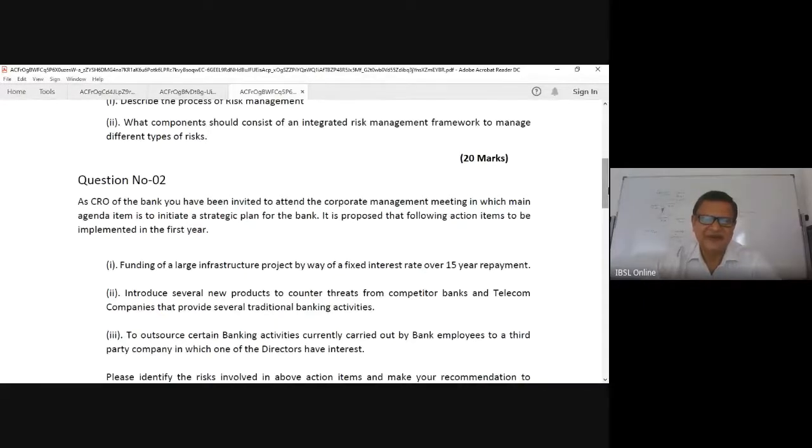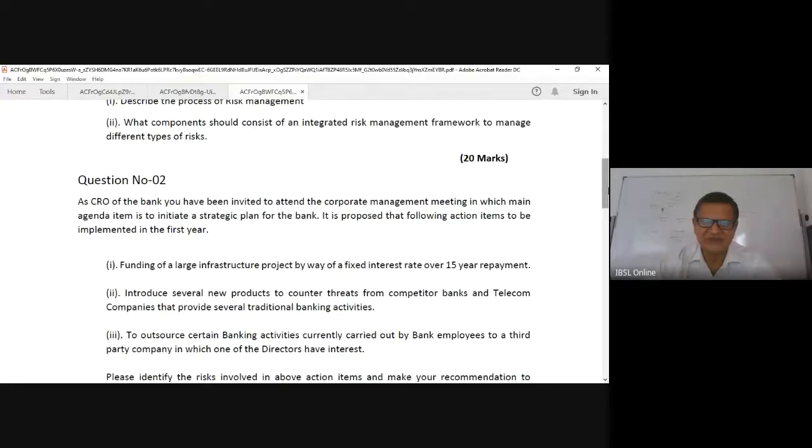They say: funding of a large infrastructure project by way of a fixed interest rate over 15 years. Now, one of the persons in corporate management comes and says, we intend to get involved in a large infrastructure project, meaning there may be road development or building of a bridge. It could be of similar nature.